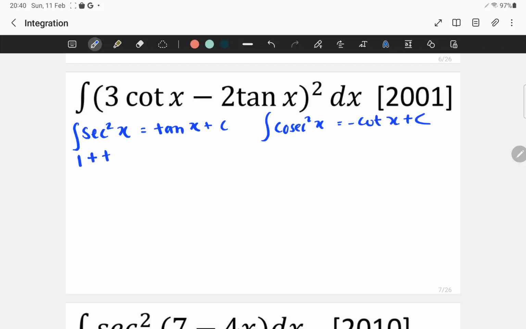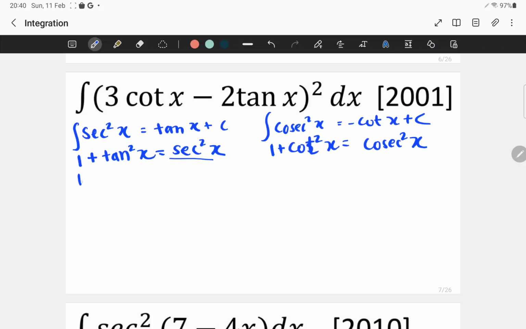1 plus, so when I open, I will get tan square x, so I can convert it to sec, and I will get cot also, so I can utilize this formula. So once I have sec square x and cosec square x, it will be simple.